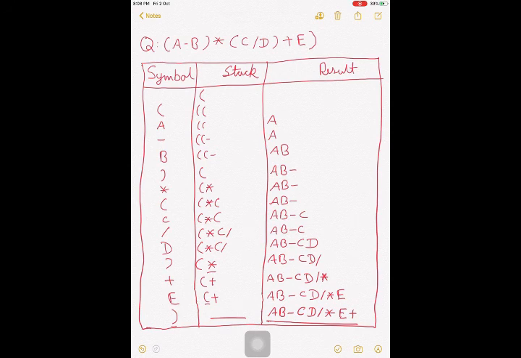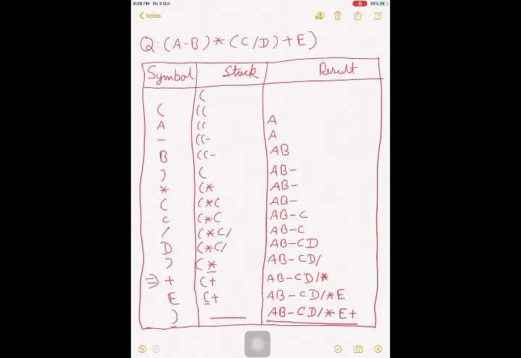Whenever you are given a question in your examination to convert infix to postfix, there will be a situation where you have to apply the rules. Here the situation is that we have scanned plus and a multiplication sign is already there.